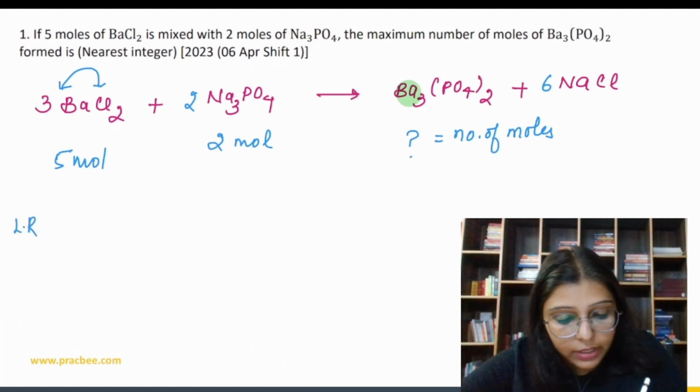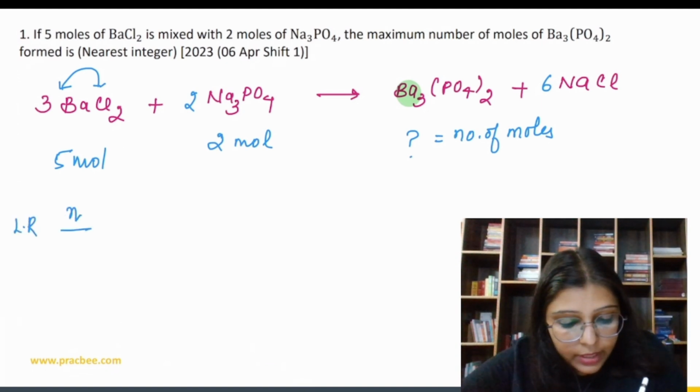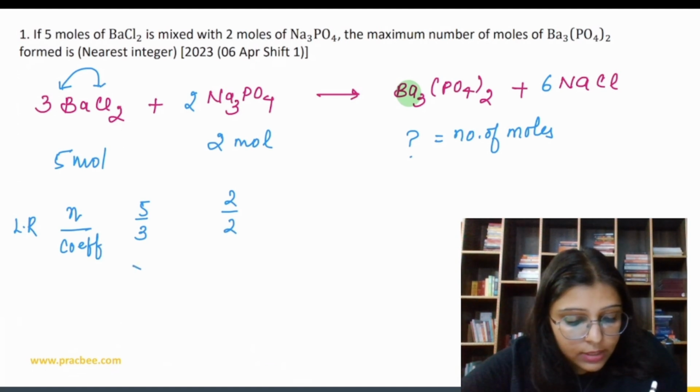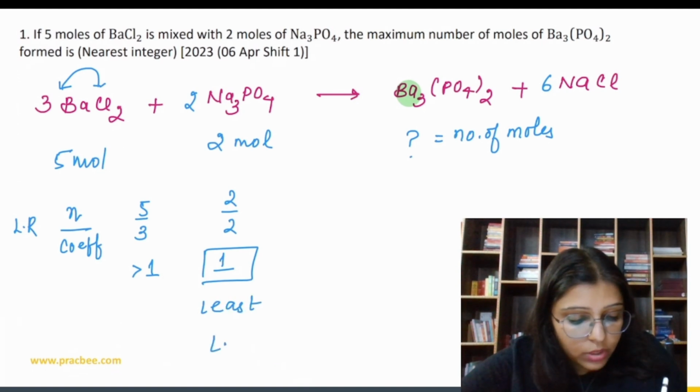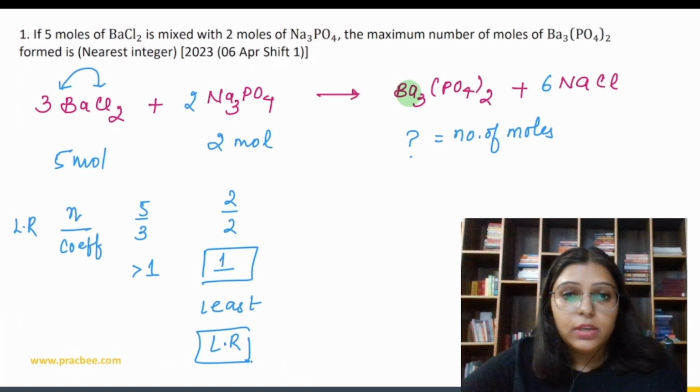How to find out the limiting reagent? Number of moles divided by coefficient. So here 5 by 3 and here 2 by 2. This is greater than 1 and this is equal to 1. So this is least in number, so sodium phosphate is the limiting reagent. Right? Sodium phosphate is the limiting reagent.